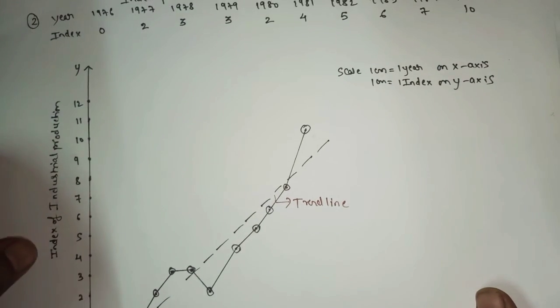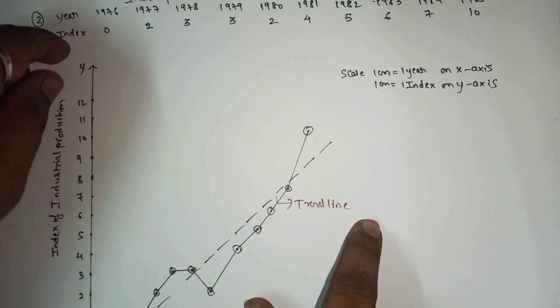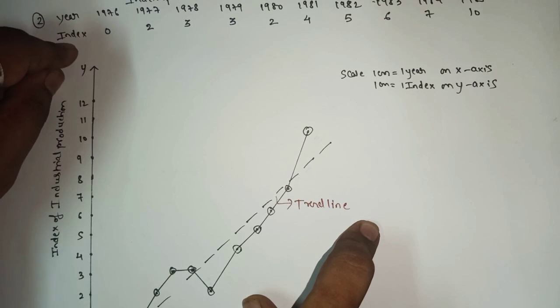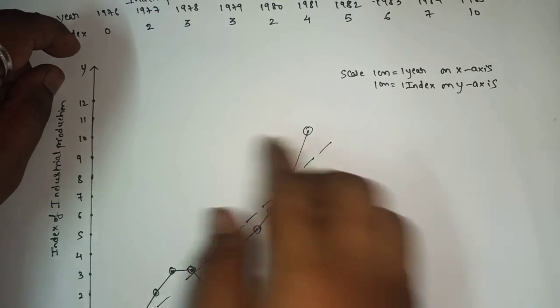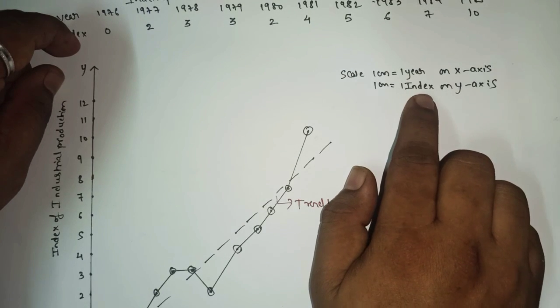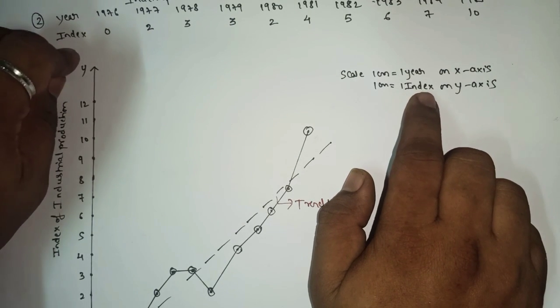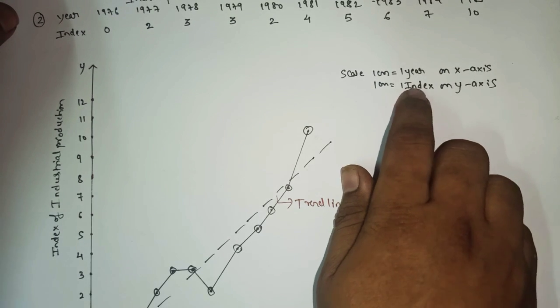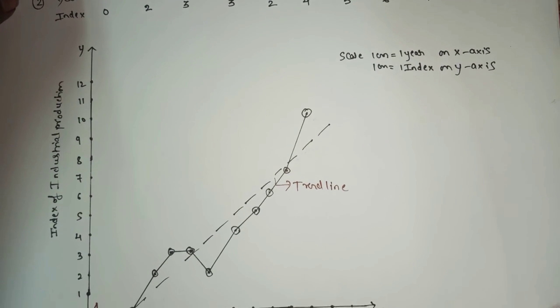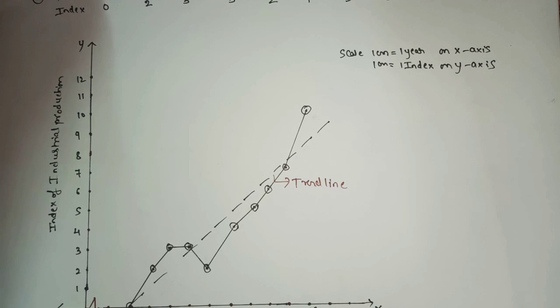And in the second sum, the production was without unit. Without unit means it is unit only, like you can write here 1 centimeter equals to 1 unit, or else here we have the index, so that's why I wrote index. In place of index you can write unit also. Got the point? I hope all understood how to draw, how to fix the trend line.